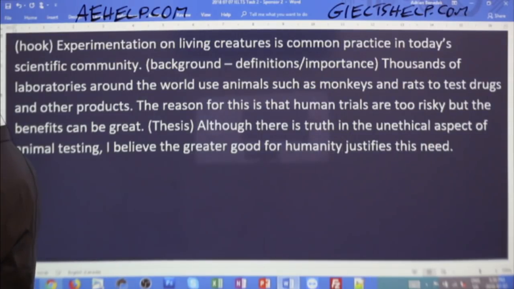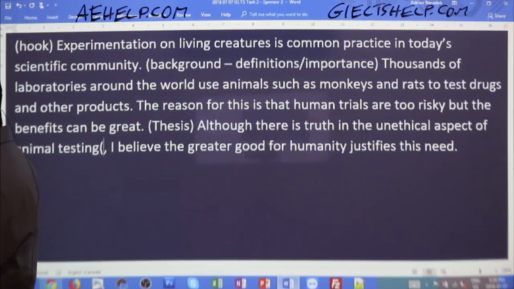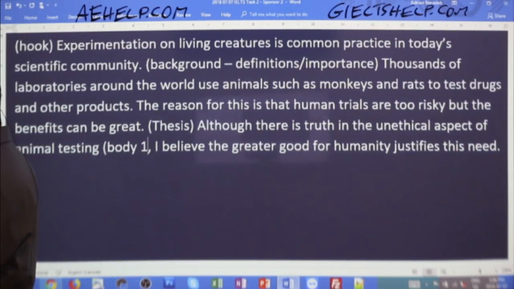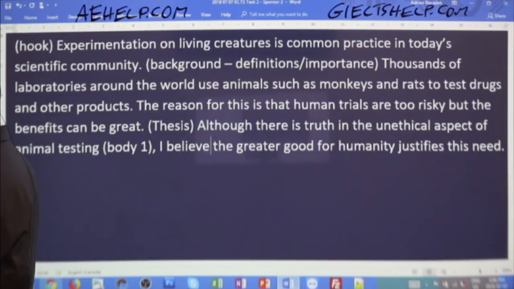Now it's clear to the reader that most likely what's going to happen is this will become body paragraph 1: although there is truth in the unethical aspect of animal testing, and this will become body paragraph 2: I believe the greater good for humanity justifies this need.